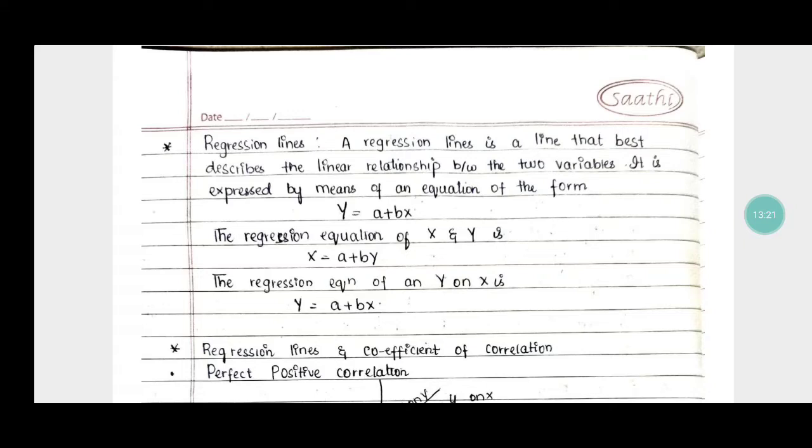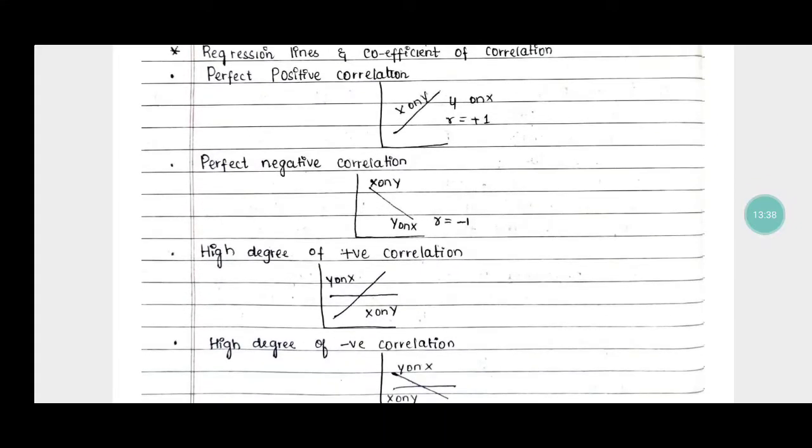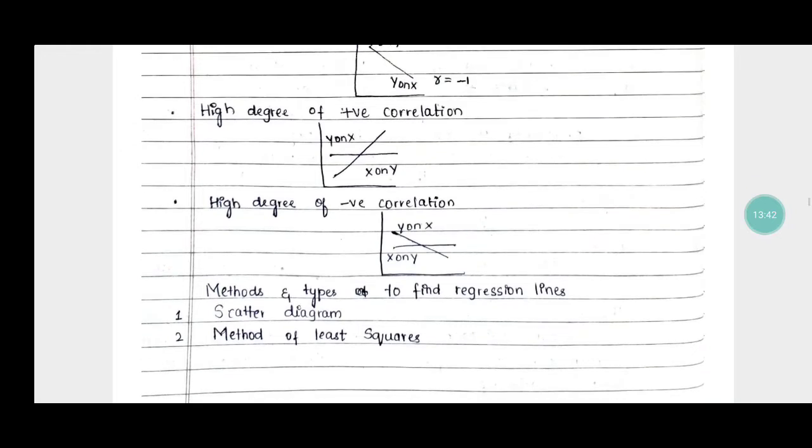And the regression equation of y on x is y equals a plus bx. So the regression lines and the coefficient of correlation: perfect positive correlation, perfect negative correlation, as well as high degree of positive correlation and high degree of negative correlation.